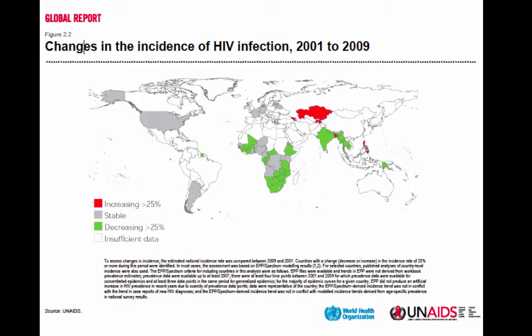We're looking at those red areas. And these might be areas where we would want to focus significant efforts on primary prevention efforts, such as maternal-to-child transmission intervention programs. The countries in green are seeing declines in new cases, so our prevention efforts have been successful, and these are places where the outbreak seems to be slowing down.